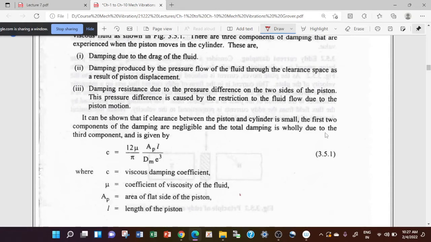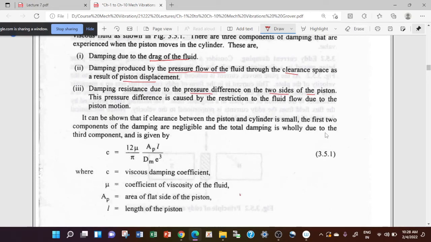One is the drag of the fluid. Second, the pressure flow of the fluid through the clearance space of the piston and the cylinder. And the third one is the pressure difference on the two sides of the piston.